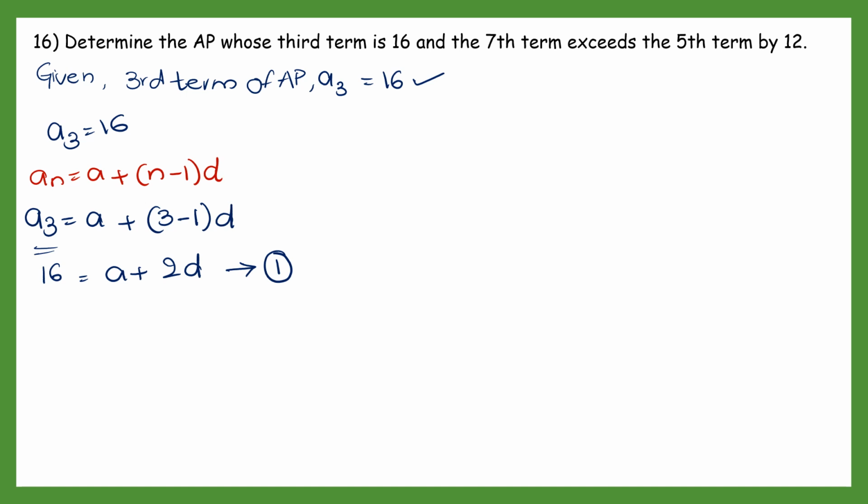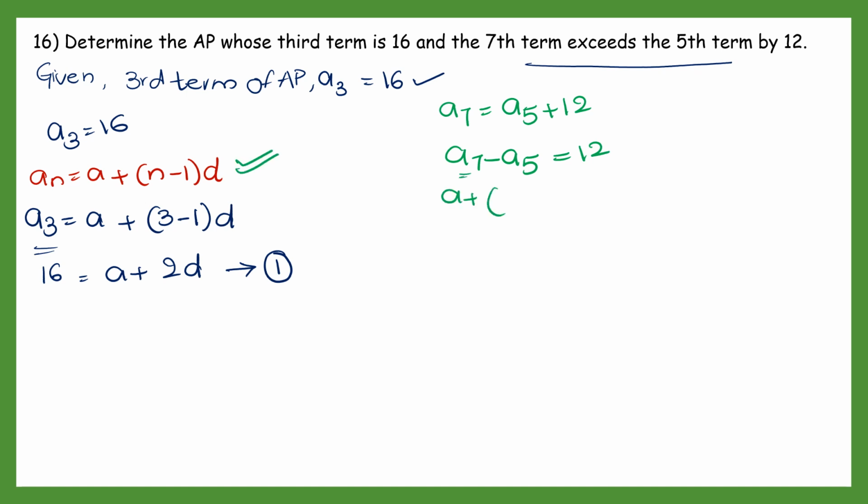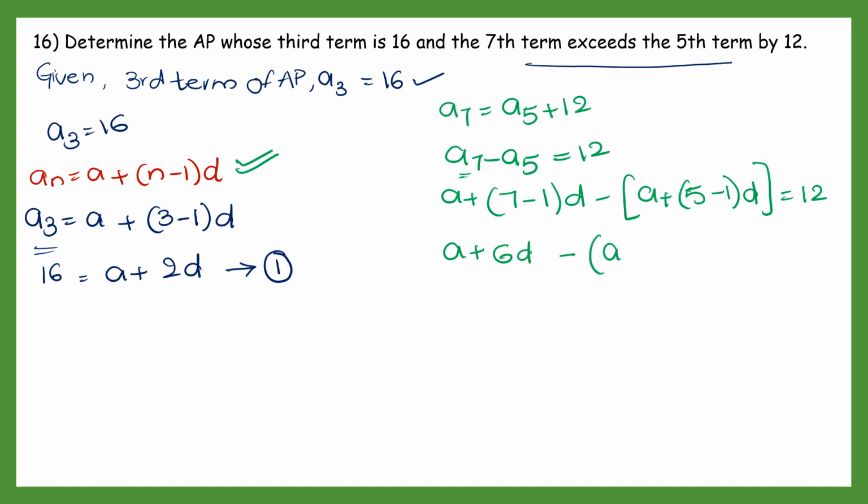They are telling us the seventh term exceeds the fifth term by 12. That means the seventh term is equal to the fifth term plus 12, or you can say the difference between the seventh term and the fifth term is 12. So we can use the same formula. a7 is a plus 7 minus 1 into d, minus a5, that is a plus 5 minus 1 into d, equal to 12. a plus 7 minus 1 is 6, 6d, minus a plus 4d is equal to 12.